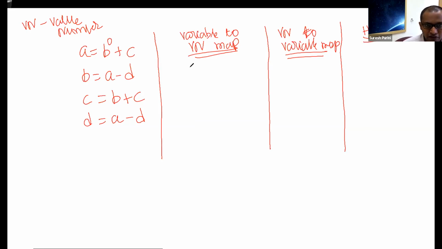So variable B contains value number 0, and in the value number to variable map, we say value number 0 is present in B. And then we go to variable C. Variable C contains some value, and we give it some number. We say variable C contains a value whose name is 1, and value number 1 is present in variable C.